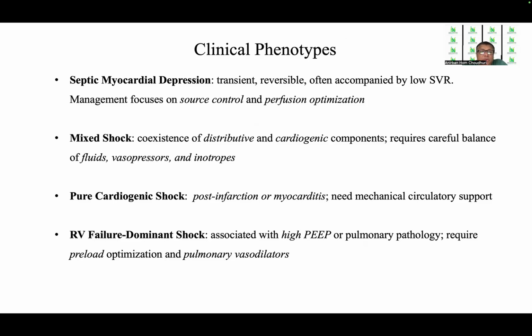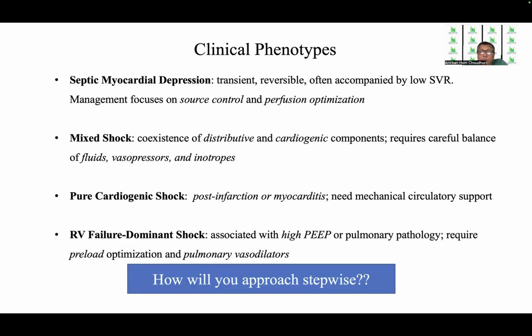And the fourth phenotype may be an RV failure dominant shock, which is associated with high PEEP, pulmonary pathology, or pulmonary embolism. In those patients, they require preload optimization and pulmonary vasodilators. So, if we are able to identify these clinical phenotypes, how can we approach in a stepwise manner?